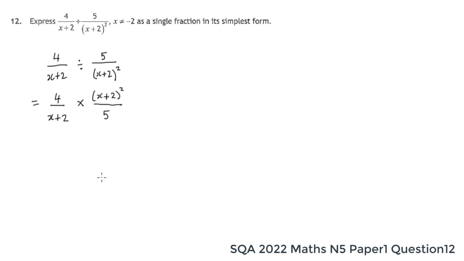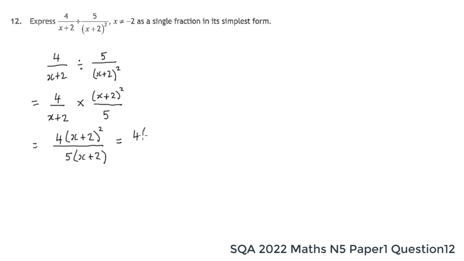So there's what we've now got. With fractions, remember, you're multiplying the top two numbers together and you're multiplying the bottom two numbers together. 5 times x plus 2, that would be written like this. Now we can look at the top and bottom of this fraction.